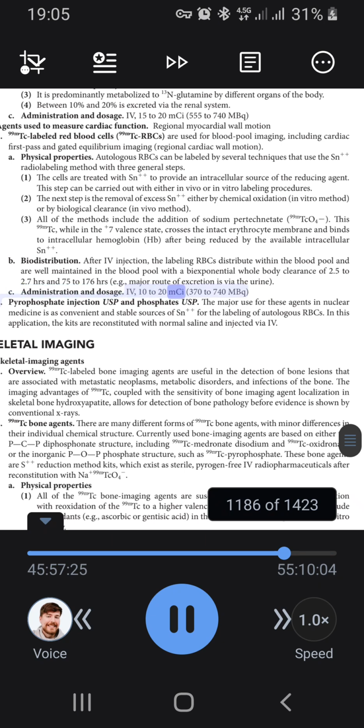IV, 10 to 20 mCi, 370 to 740 MBq. 2. Pyrophosphate injection USP and phosphates USP. The major use for these agents in nuclear medicine is as convenient and stable sources of Sn(II) for the labeling of autologous RBCs. In this application, the kits are reconstituted with normal saline and injected.